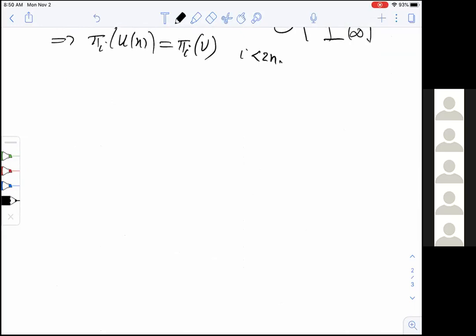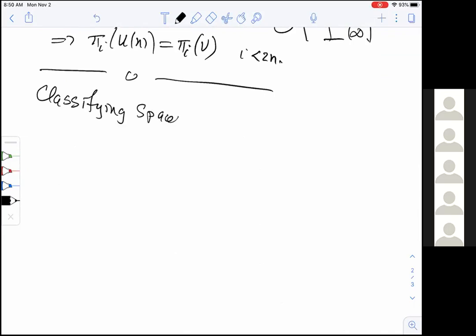Now let me talk about the classifying spaces for the unitary groups. So consider the Grassmannian, this is over C, of n planes in n plus k space.